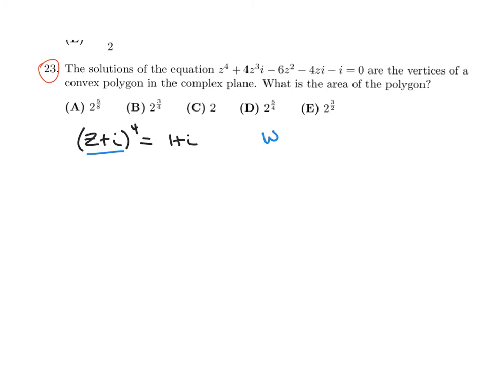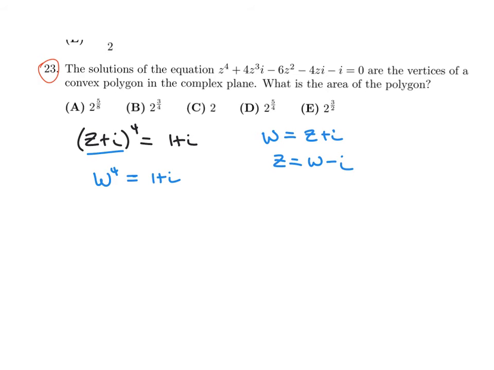So I'm going to let w equal z plus i, where w is my new temporary variable, so that this becomes w to the fourth equals 1 plus i. This is going to be easier to solve. And even though solving for w is not actually the same as solving for z, we do know that once we find w, in order to get z, we just subtract i from w.